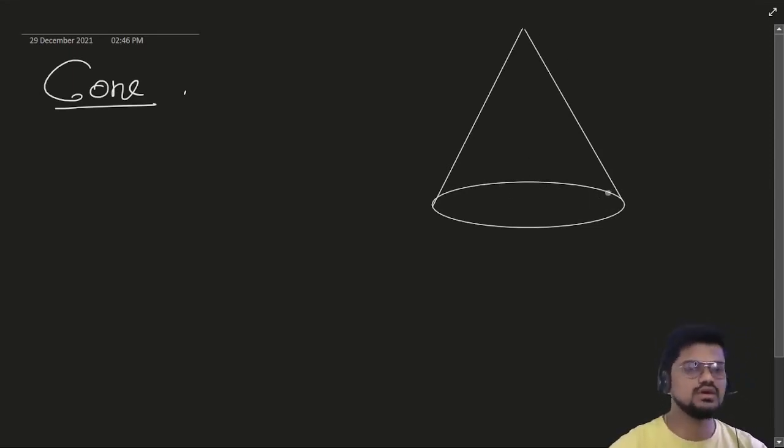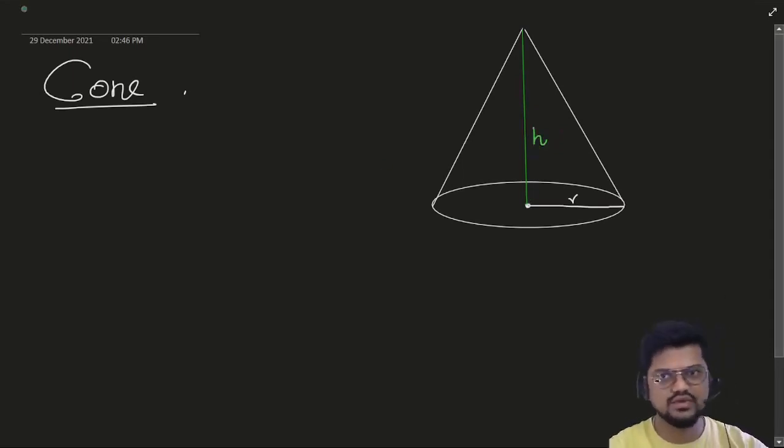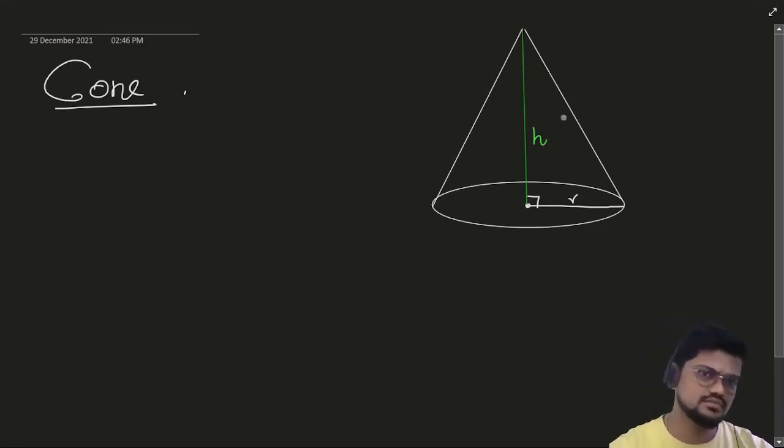Now if I want to know the curved surface area, see to it. There are some elements in it. This will be its radius. This will be its height. h will be the height. This height will be perpendicular to the radius, and this is what we call the slant height.